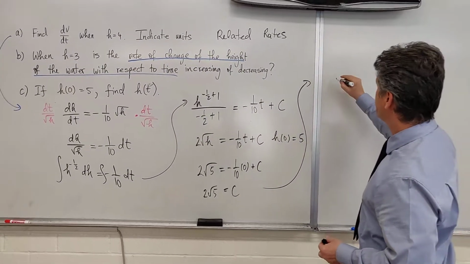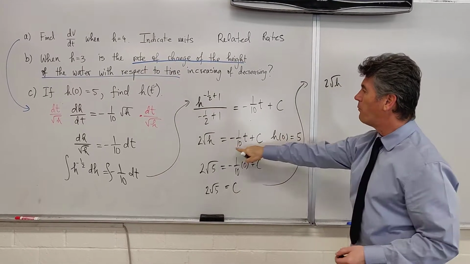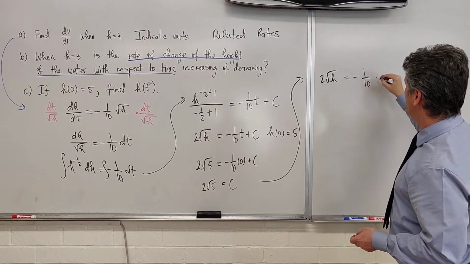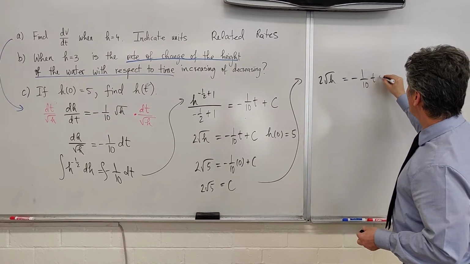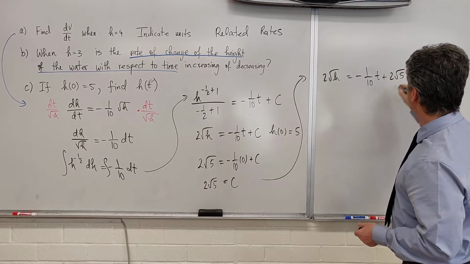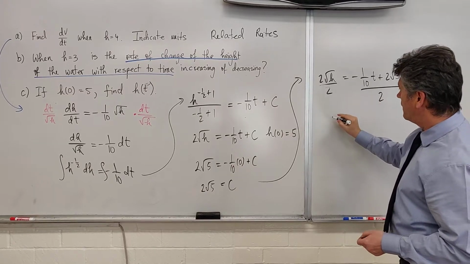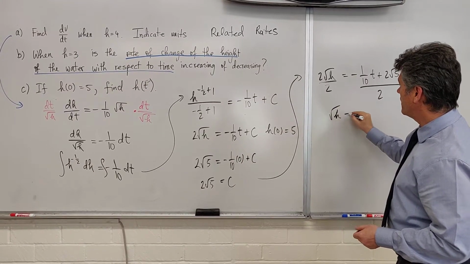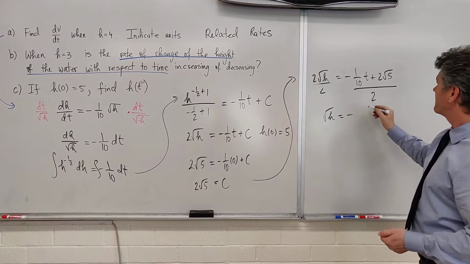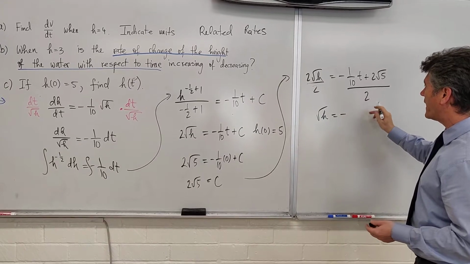So we have 2 square root of h, we go back here, is equal to negative 1 over 10 t plus 2 square root of 5. Divide everything by 2. We have the square root of h is equal to negative, remember dividing by 2 is the same as multiplying by a half.